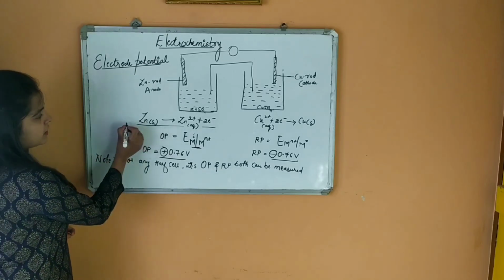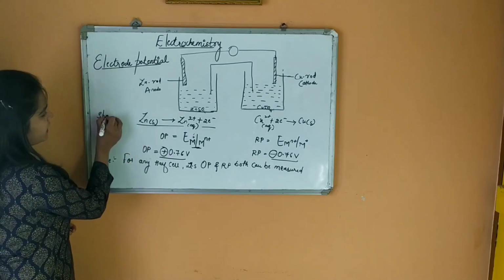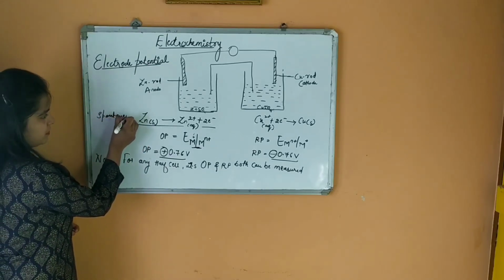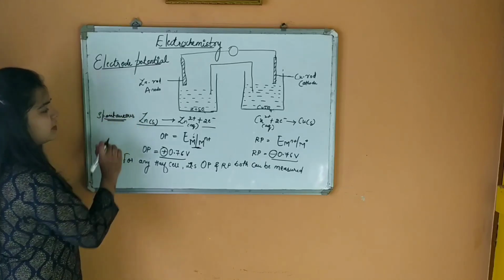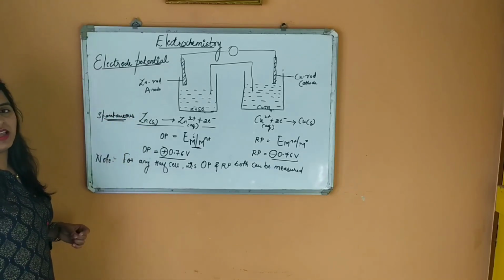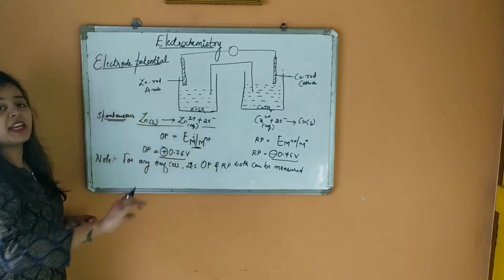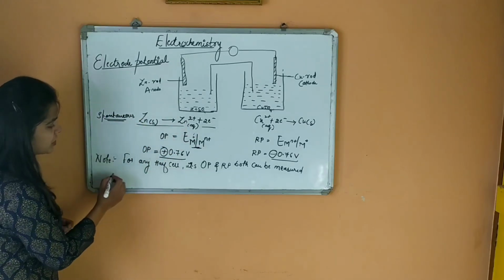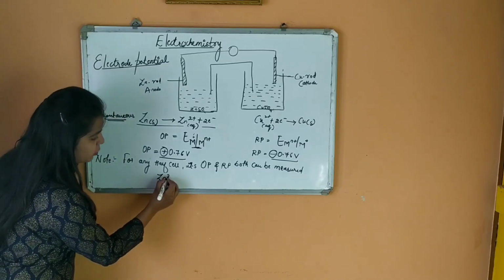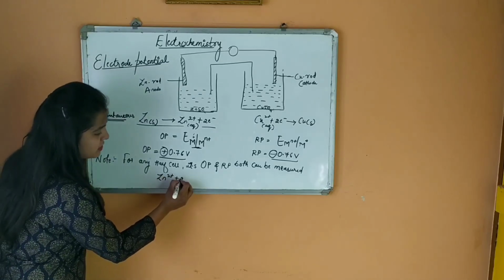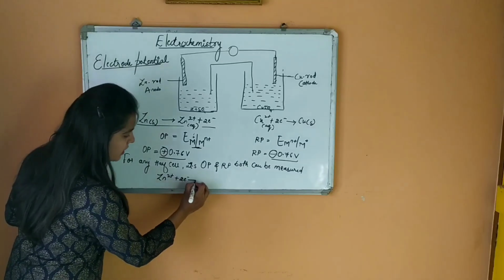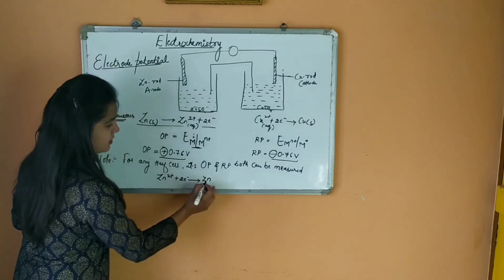Understand? This is a spontaneous reaction. If I wish, this reaction can be reversed. Then how will the reaction look? Zn2+ plus 2 electrons gives Zn(s).